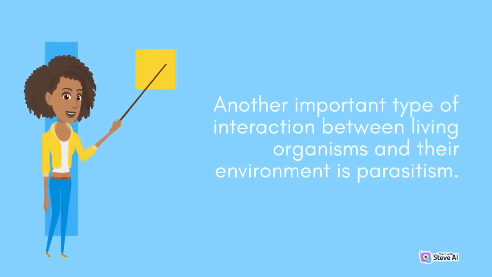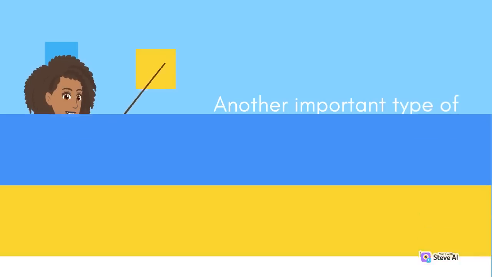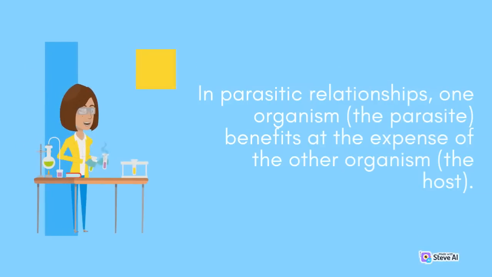Another important type of interaction between living organisms and their environment is parasitism. In parasitic relationships, one organism, the parasite, benefits at the expense of the other organism, the host.